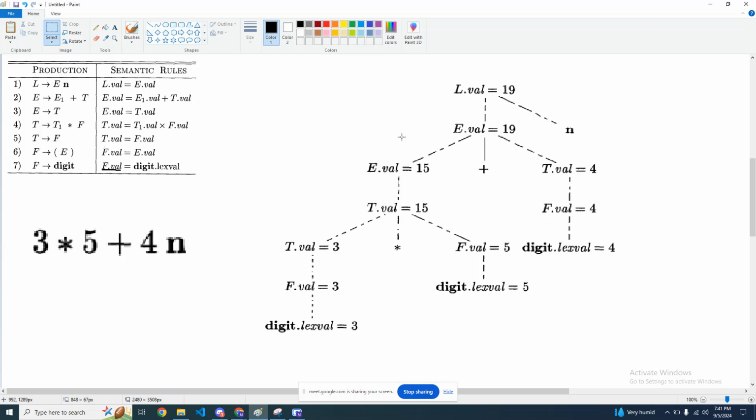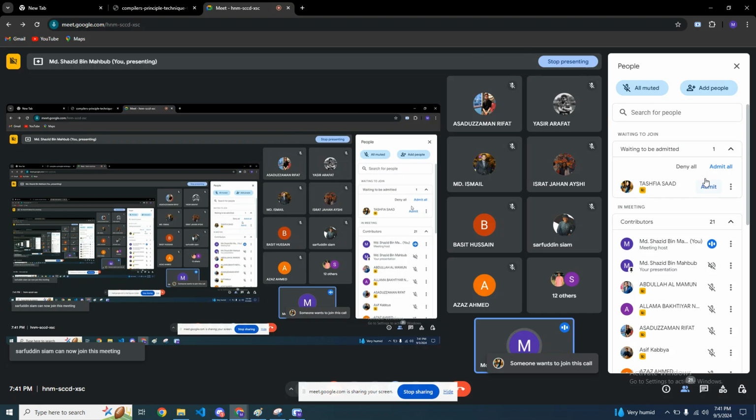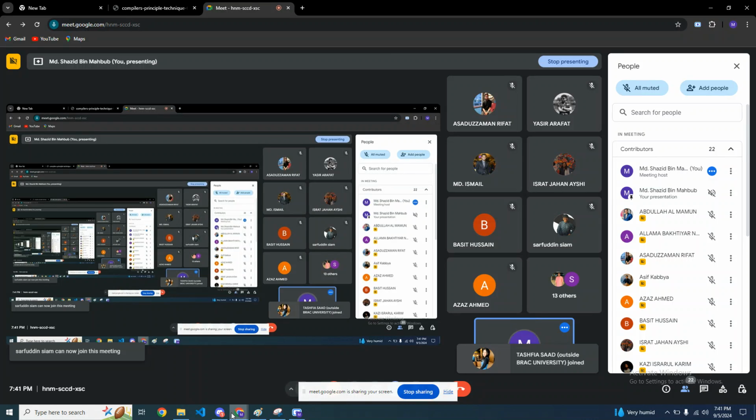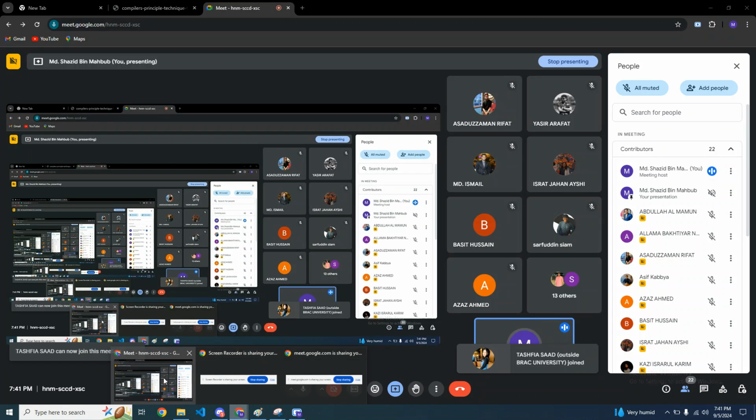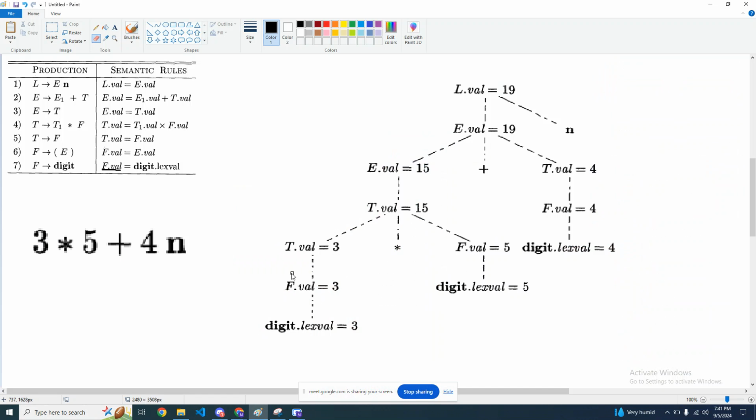So now we are ready to construct the dependency graph. We have dashed the lines, and we need to show where the values of the attributes are being calculated from. We show this using an arrow sign. So when we are evaluating an SDD, we first draw the dependency graph, and depending on that dependency graph, we evaluate the values.